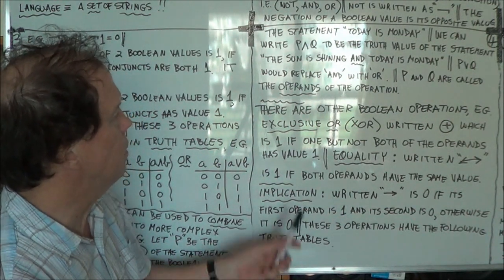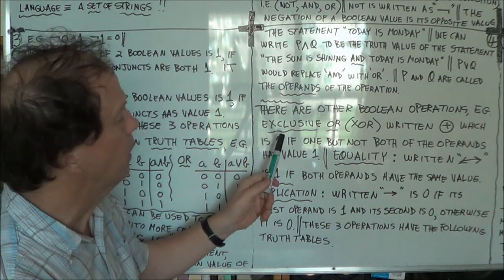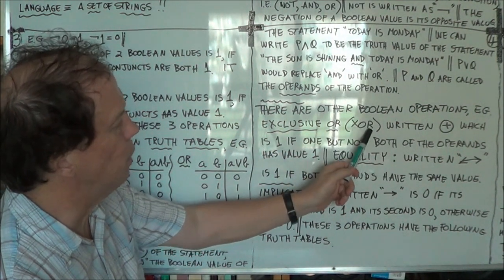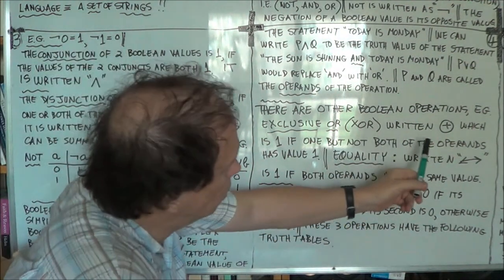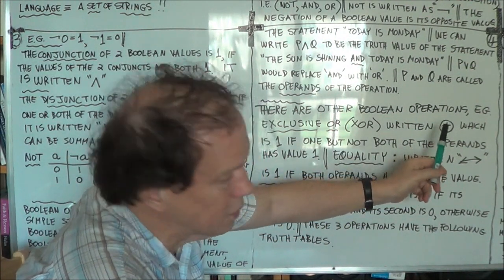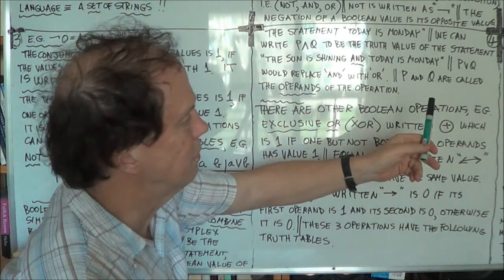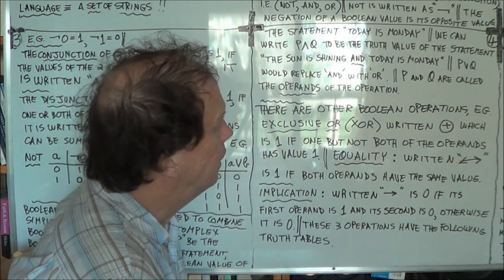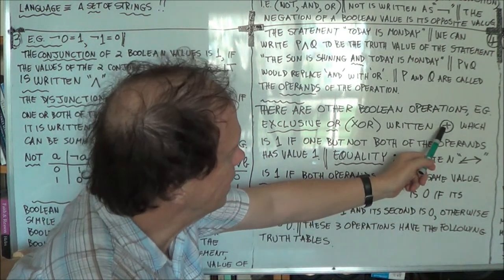Now, I'll give you three more. One's called exclusive OR, usually written XOR. Its symbol depends on the textbook and the author, and you have to check. This author uses a plus inside a circle.